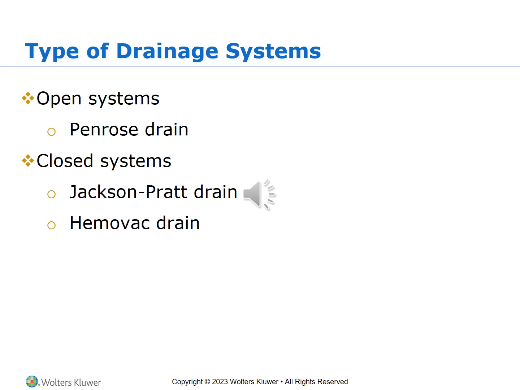That bulb is emptied and decompressed. And then we have our Hemovac drain, which is also a manual low suction. The lid is opened, the drainage is emptied, and that Hemovac is decompressed again. The drainage that's removed is measured and documented according to the description of the exudate, whether it's serosanguinous, right, or purulent, and the amount, and whether there is an odor.